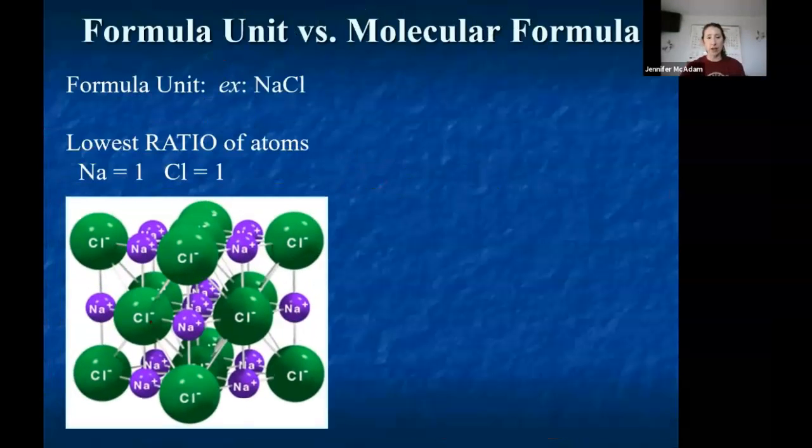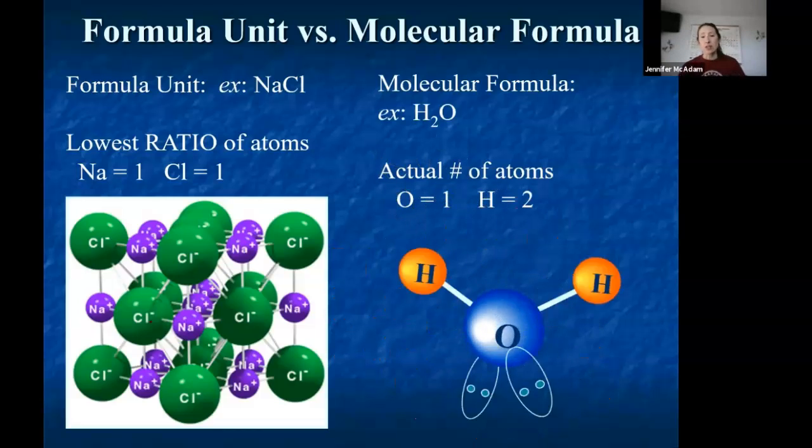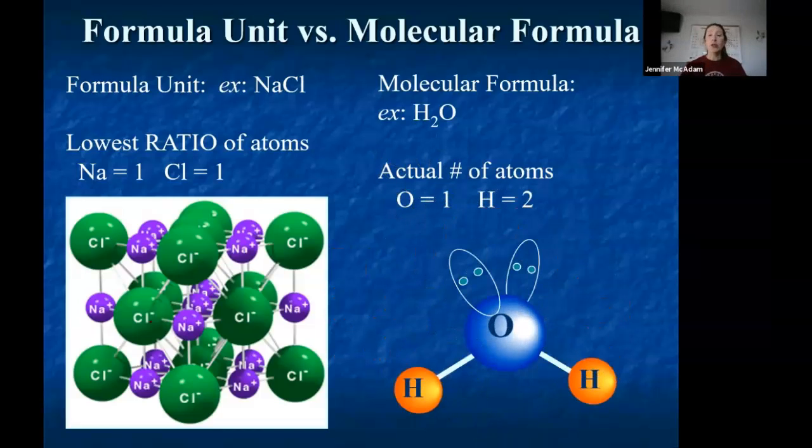So for ionic compounds, we always use the simplest ratio. But for molecules, we don't necessarily use the simplest ratios, because molecules are the actual number of atoms. If you've ever looked at refined salt crystals, they look like little cubes.